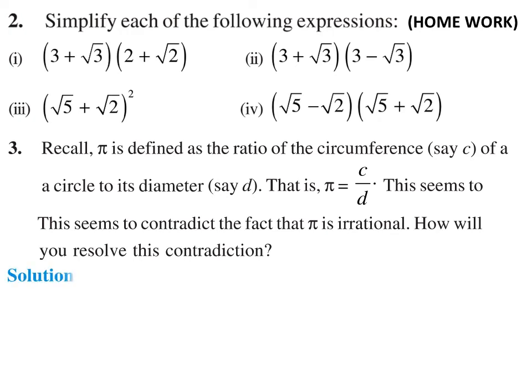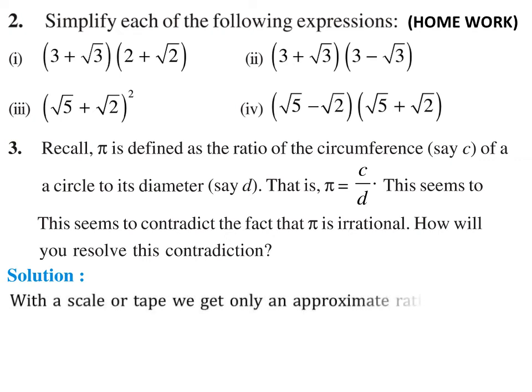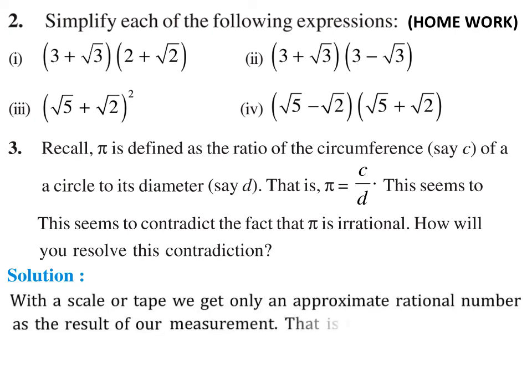The solution of this question is: whenever we measure with a scale or tape, we get only an approximate rational number. Whenever you measure anything, you will get an approximate rational number as the result of the measurement.